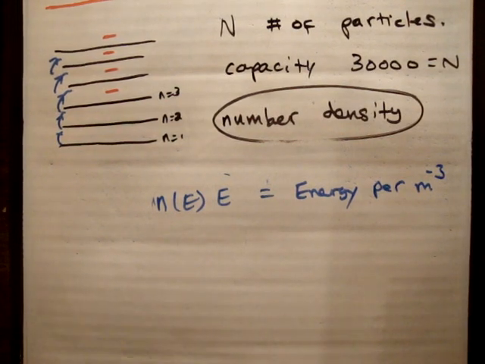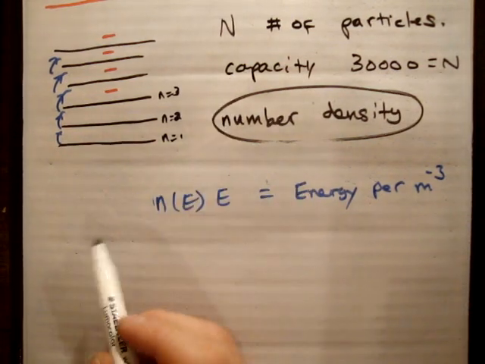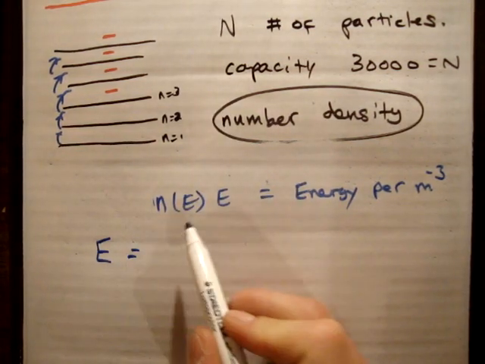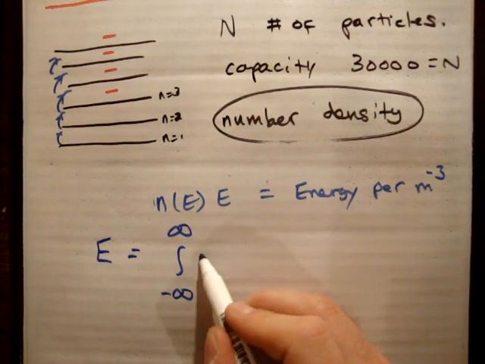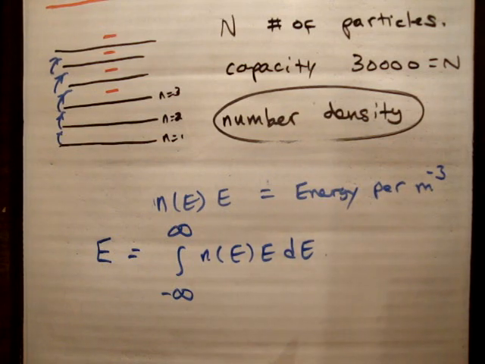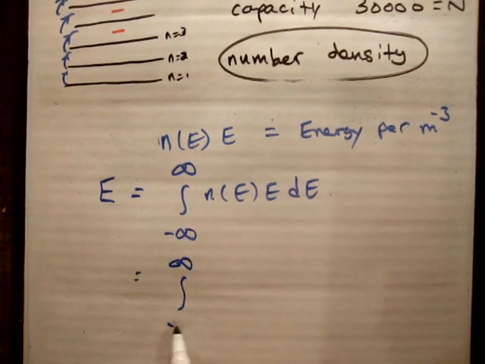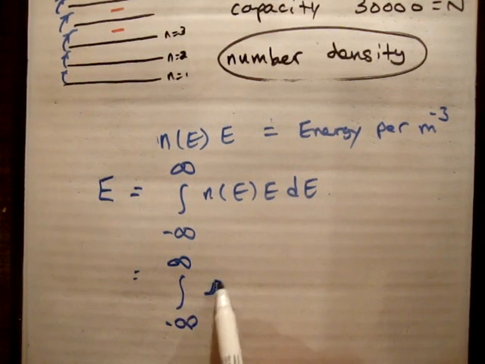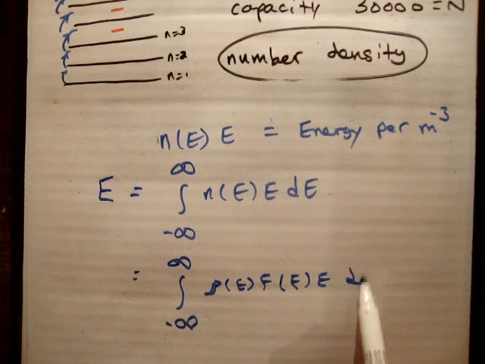So how do you find out the total energy? You do it in the exact same way as you found out the total number of particles. So E is equal to the integral from negative infinity to positive infinity of n of E times E dE. Or you could say it's equal to the integral from negative to positive infinity of rho of E times f of E times E dE.